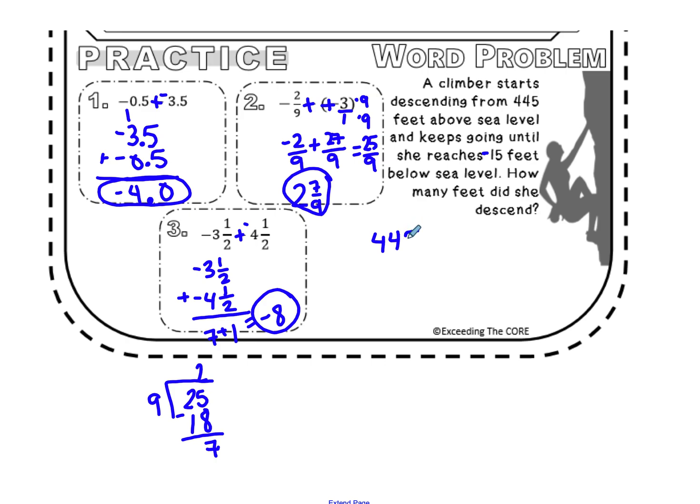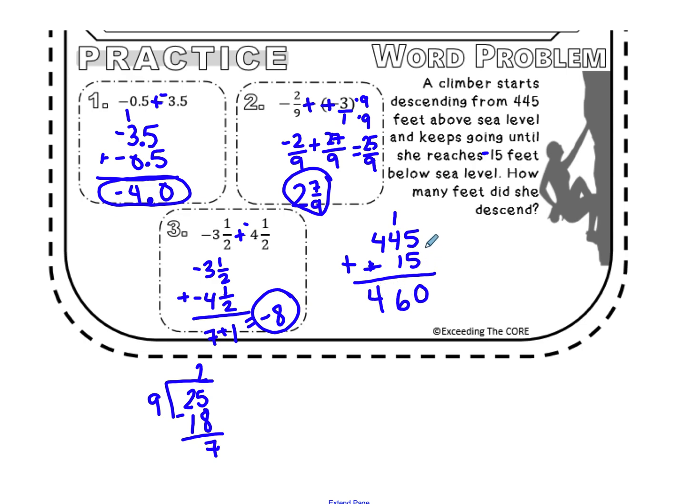445 minus a negative 15. All right, boom, change to addition. Boom, change the sign of the next number. I now have 2 positive values to add. 5 plus 5 is 10. 1 plus 4 is 5 plus another 1 is 6.